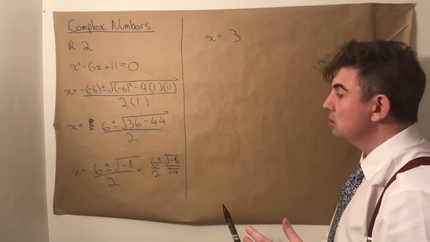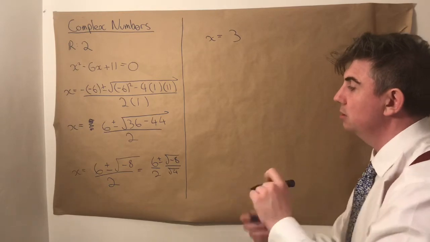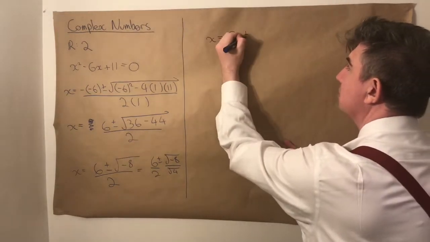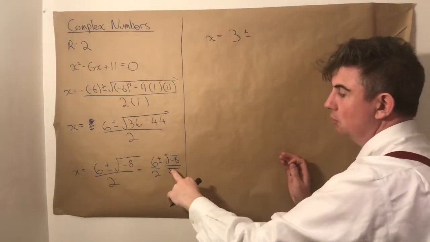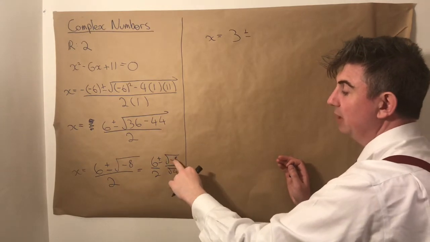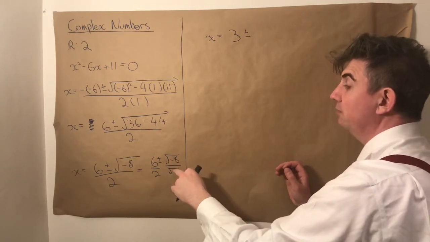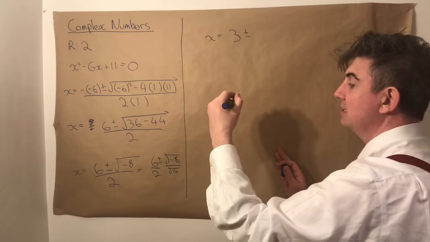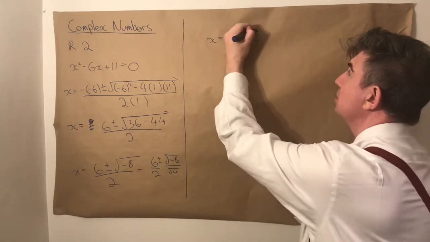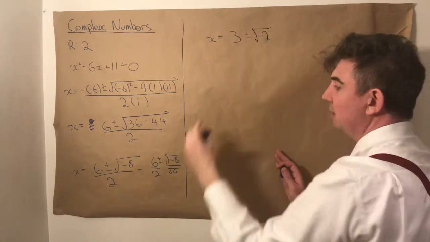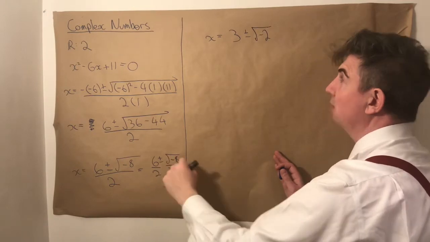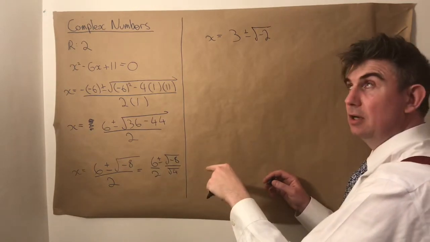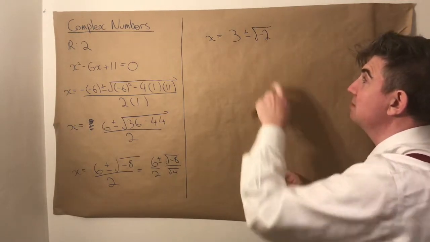Yeah. So that's going to be 3 plus or minus the square root of negative 8 divided by the square root of 4. If you put that into your calculators, you should get this thing here out. It's going to be the square root of minus 2. And all that's happening there is we can put this over one big square root sign, and we divide 4 into minus 8, so that's going to give us minus 2.